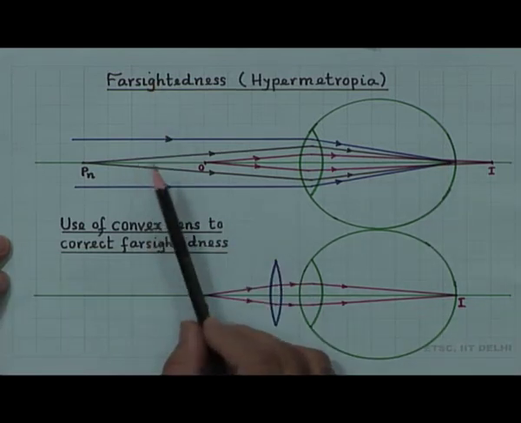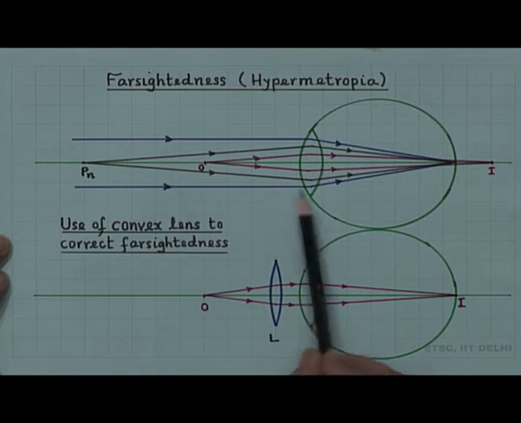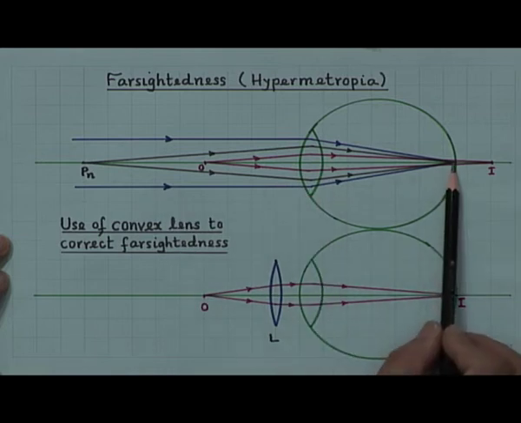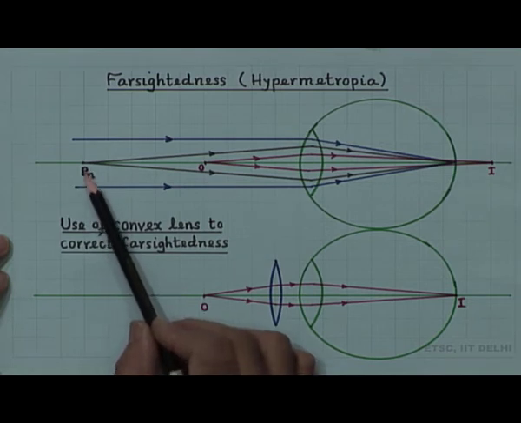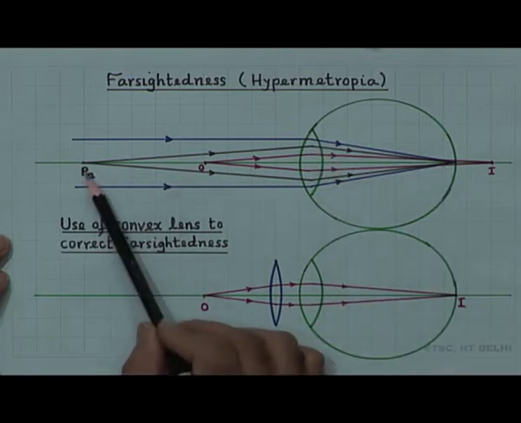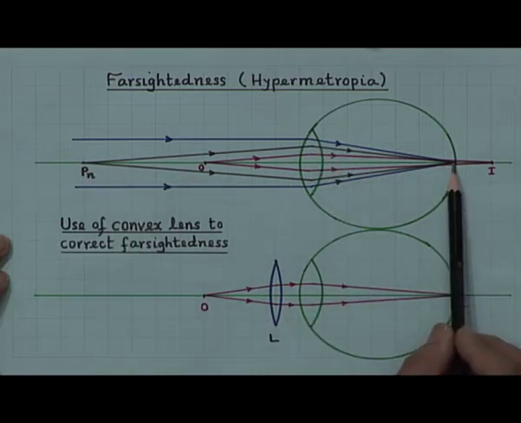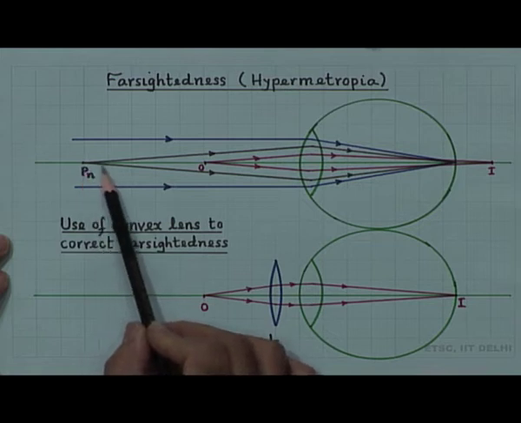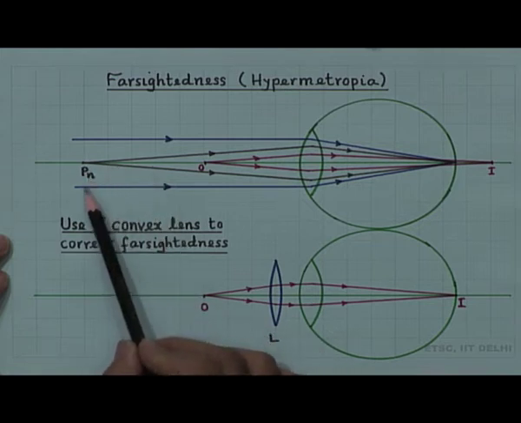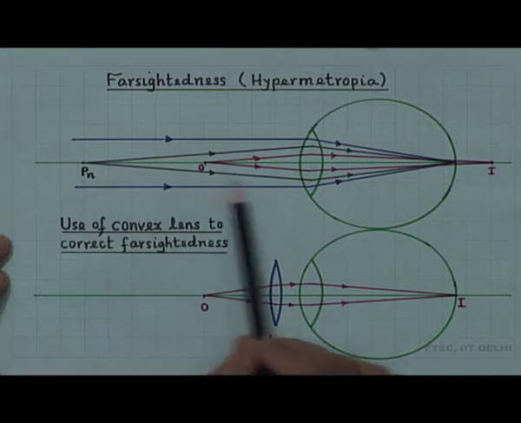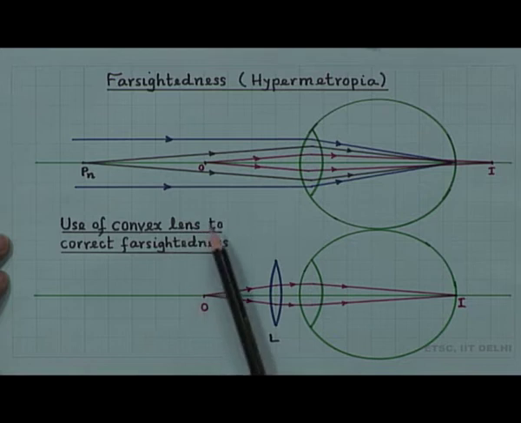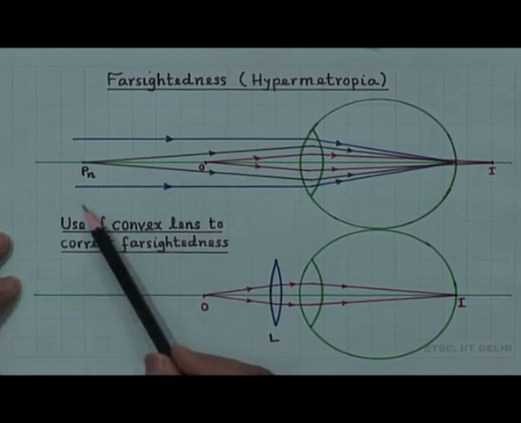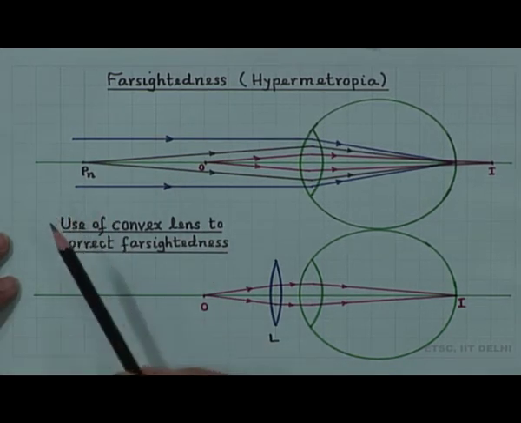So, what is shown in the diagram here is that the blue lines, which are parallel rays, are focused on the retina. His P near is here, which means up to this point all the objects are focused clearly on the retina. However, objects nearer than this P n, and as I have already said, this distance P n varies from person to person, it could vary anywhere from tens of centimeters to hundreds of centimeters depending on the age of the person.